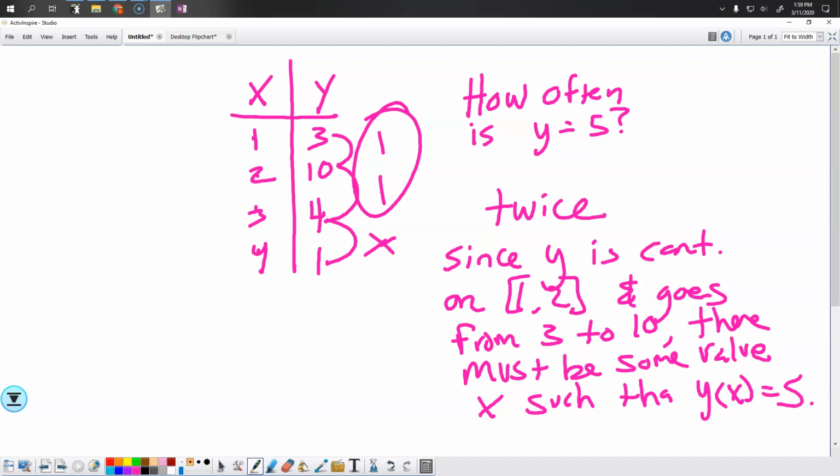It's just a fancy way of saying if I'm going from 3 to 10, I have to cross 5 at some point in that interval. I would have to say this again for the next time. So you have to say it for every time it crosses the value they're asking about.